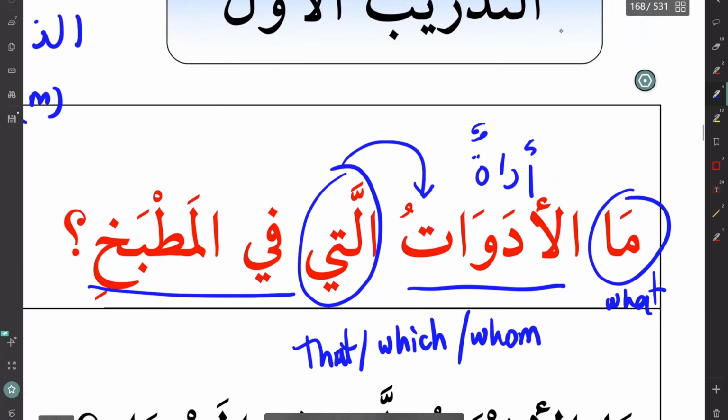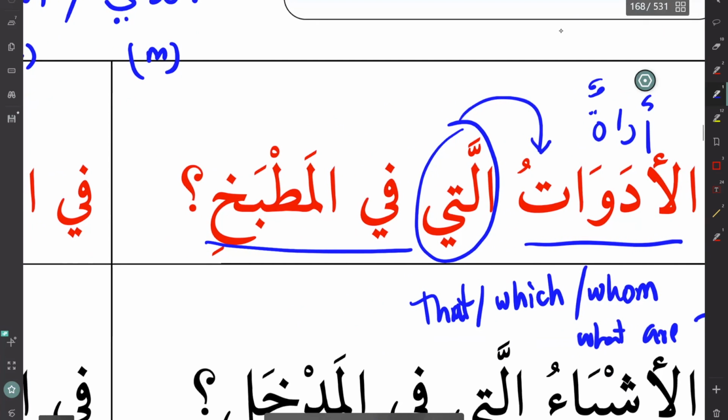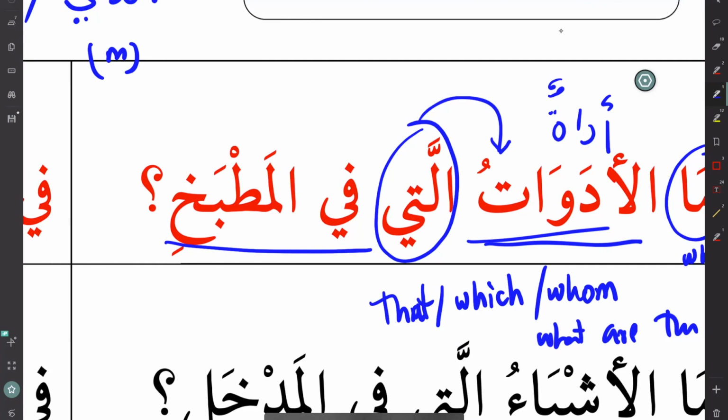You understand? For example, if you just translate this part, mal adawatu, you can translate as what are the devices. Okay? Now, by saying allati, you're adding more information about the device. So you're saying allati fil matbahi, the devices that were or that are in the kitchen.